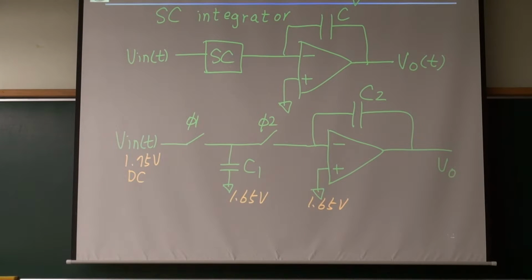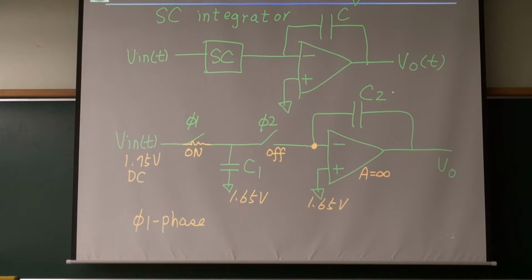Then, during the phi one phase, for this op-amp, let's talk about the phi one phase. Left switch is on. This is turned off, right? Then what will be this voltage? We assume this op-amp gain is very large.